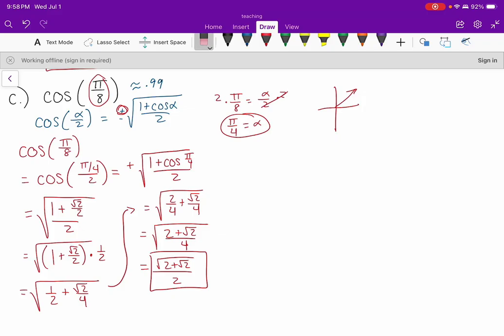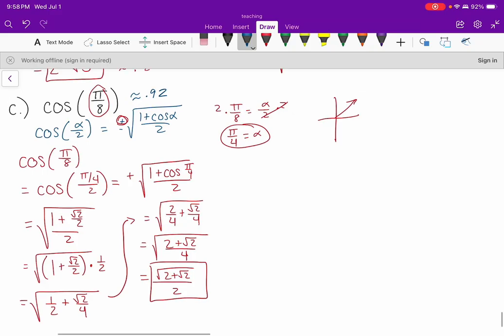Be careful. Just now when I was trying to check myself in my calculator, I'm using my phone calculator to type this in. I was still in degrees when I was typing in cosine pi over 8, so I was getting 0.99, and that's not the answer that I got, so I was thinking there was something wrong, but I needed to switch my calculator into radians. So be careful whenever you're checking yourself. If you type something in and it has pi in it, you need to make sure you're in radians. If you type something in with degrees, make sure you're in degrees.